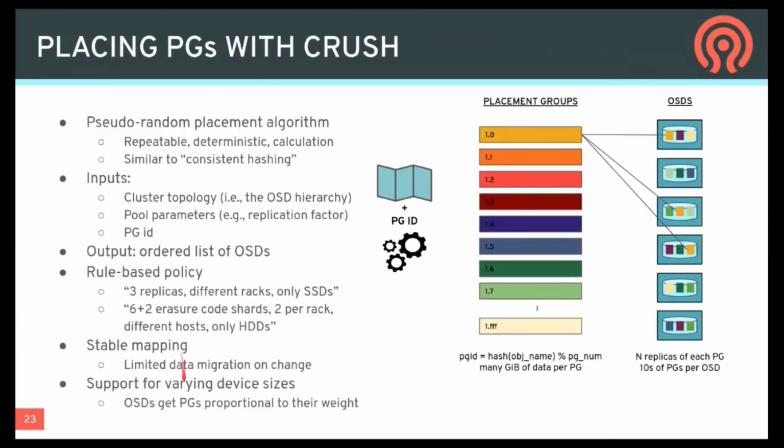So one of the key properties of Crush is that it generates what we call a stable mapping. That means that if you have a particular state of the cluster with some set of devices and there's some topology change, like a node is added or a device fails, then we want the amount of data that has to move in order to rebalance the distribution to be proportional to the size of the change made.